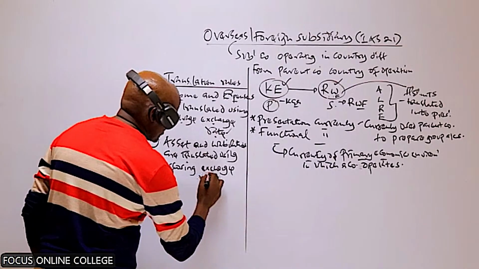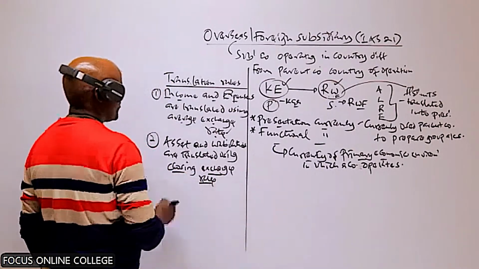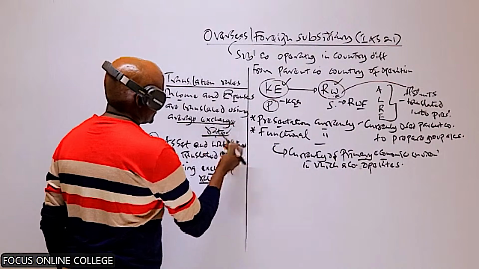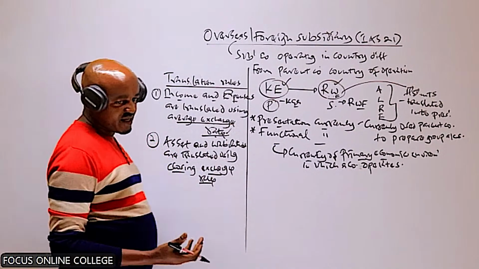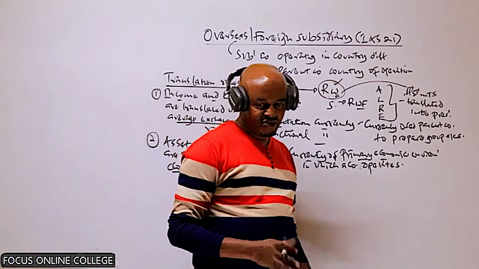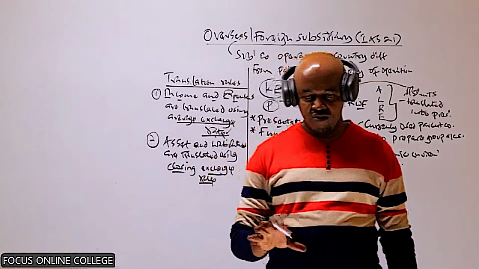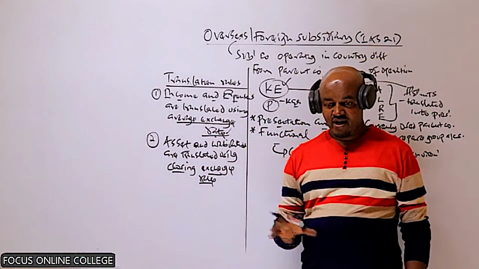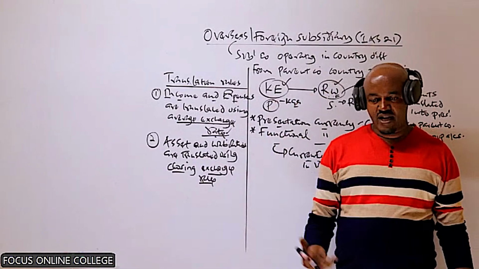This is actually the exchange rate at the end of the year. So if you are able to know that, then the question for preparation of group accounts where we have a foreign subsidiary becomes very, very simple.